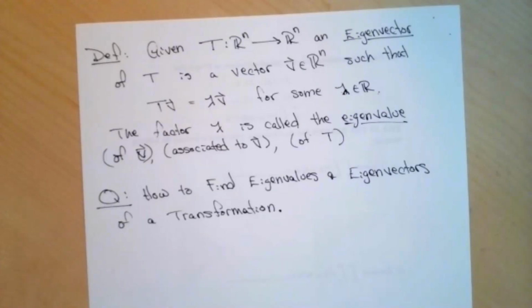But the problem is, are you mapping R3 onto the XY plane? Are you mapping R3 onto the YZ plane? So you'd have to be careful, especially going from a higher dimension to a lower dimension. Going from a lower dimension to a higher dimension might make a little more sense.